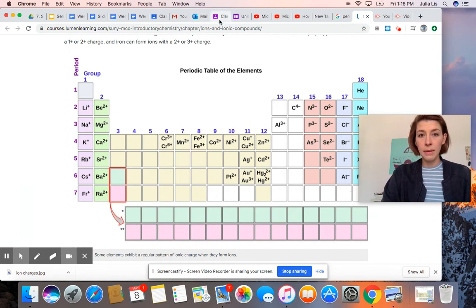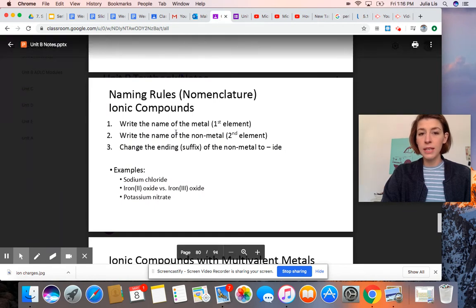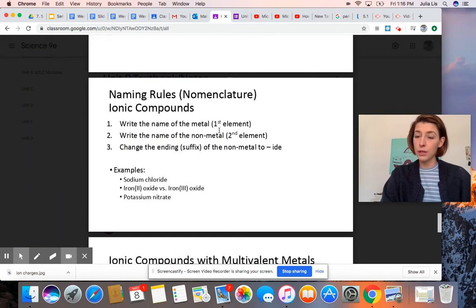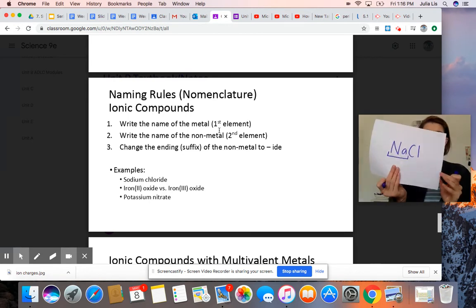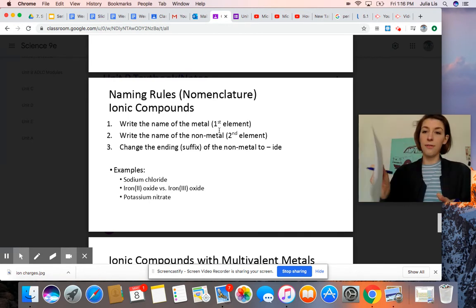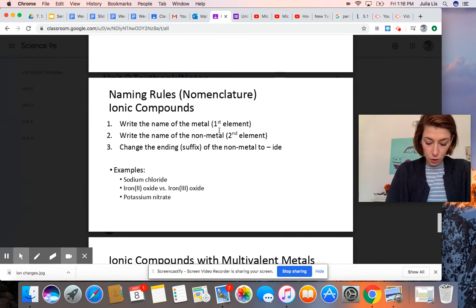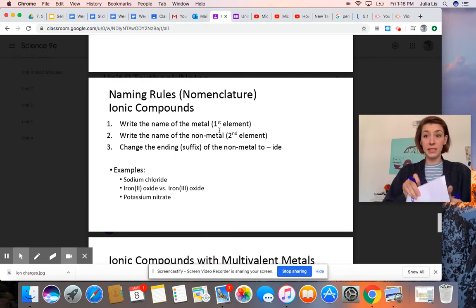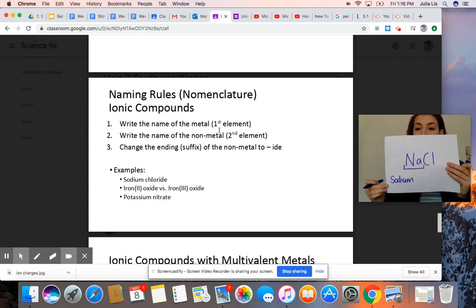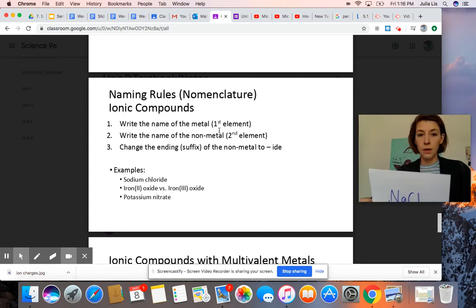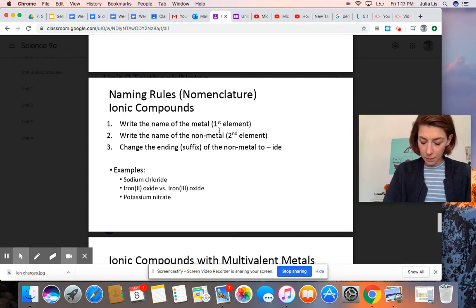So the naming system in your notes, what it says is write the name of the metal, the first element. So we're going to find the symbol, and we're going to find that it's sodium. So we're going to write out sodium, just like we see it on our periodic table, just like we know it. Okay? Then we're going to look and we're going to find the non-metal.